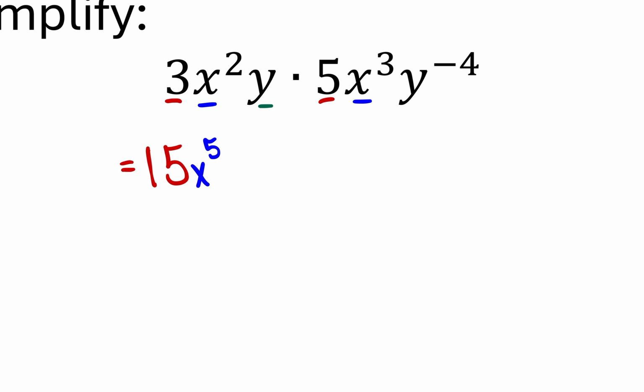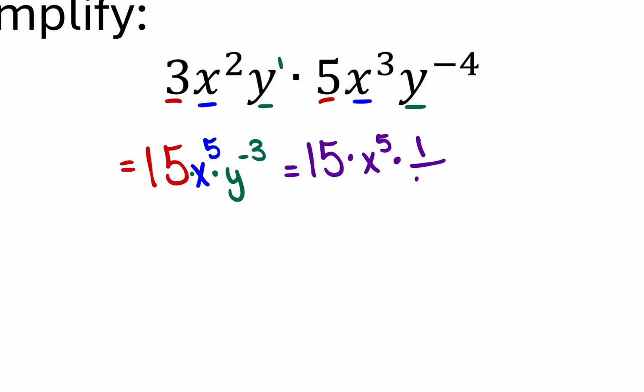Then for the y's, I have y to the first times y to the negative 4. And I do what? I add the exponents, and that's going to give me y to the negative 3. But again, I cannot have a negative exponent. So I will rewrite that to turn into 15 times x to the 5th times 1 over y to the 3rd.